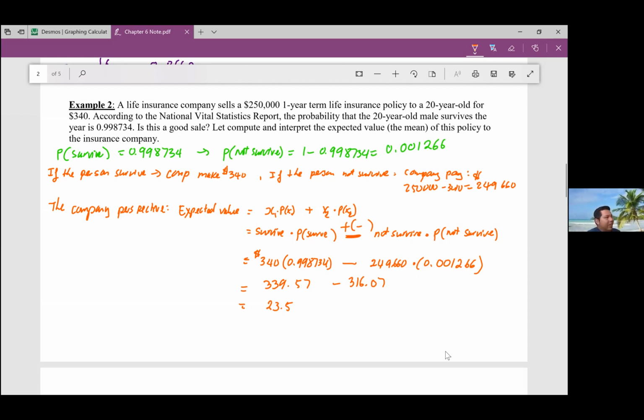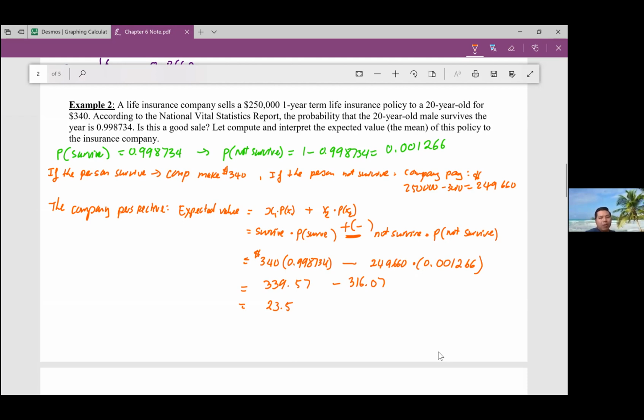The reason I picked this one is that a lot of us ask, why do we learn this? When are we ever going to see that in real life, right? So this is the reason I picked this one to demonstrate to you. A lot of people still ask the question: is life insurance a scam, right?